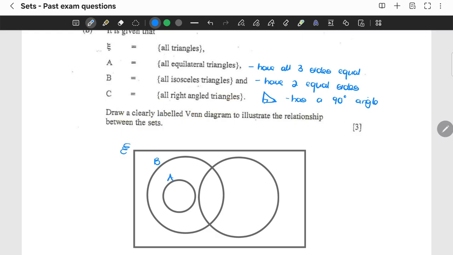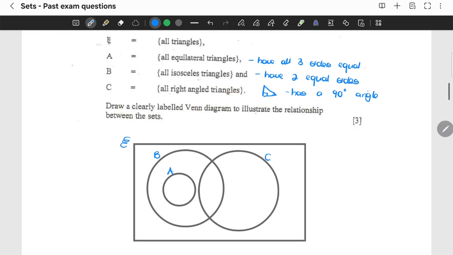But we have A inside it because all equilateral triangles are isosceles, in that if it already has two equal sides, then it counts as isosceles. Not all isosceles triangles are equilateral, but all equilateral triangles can count as isosceles triangles because they have at least two equal sides. And then some right angle triangles are also isosceles, but not all right angle triangles are isosceles. So that's why we have C, and that's how you represent it.